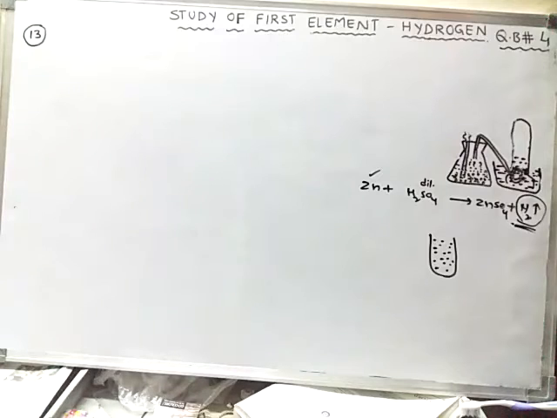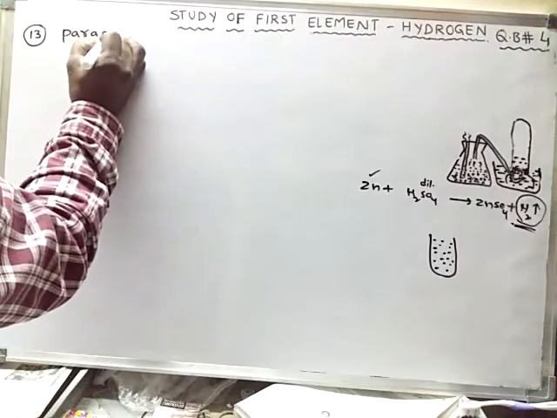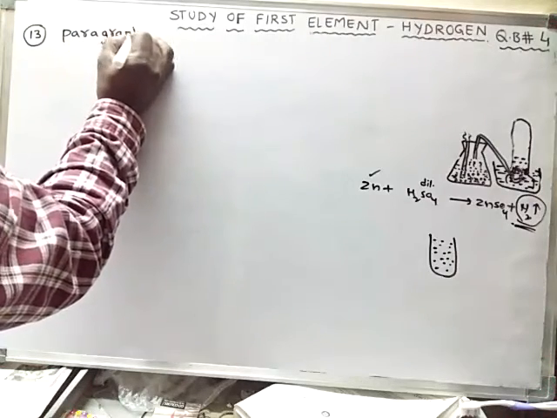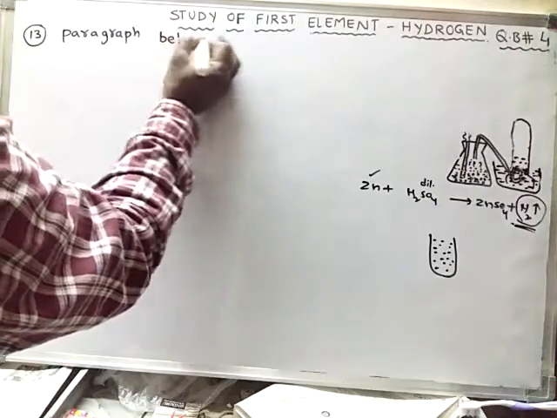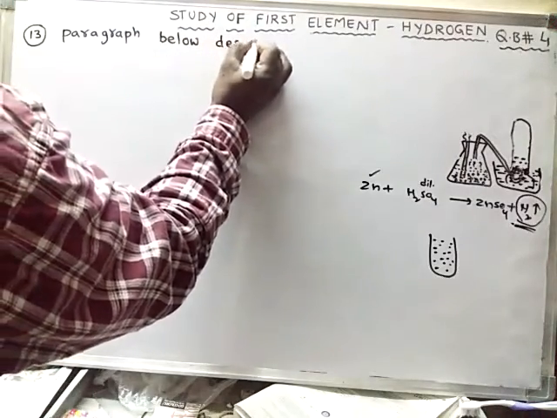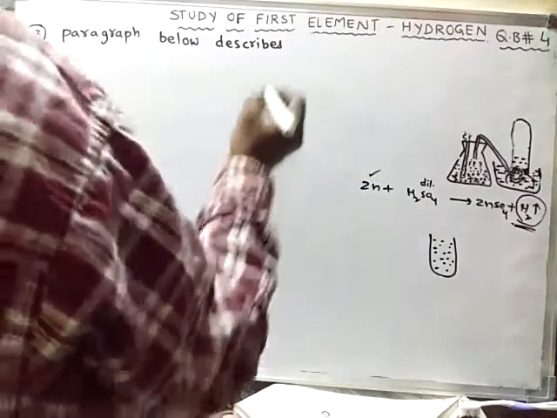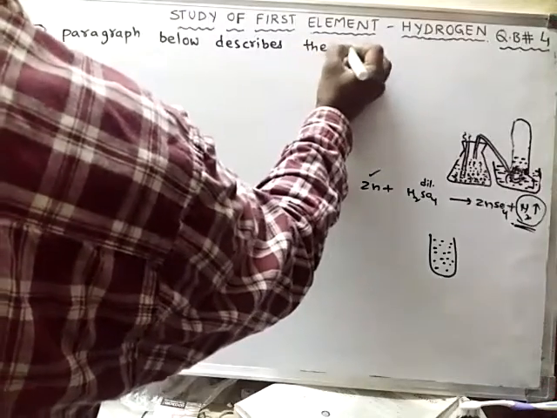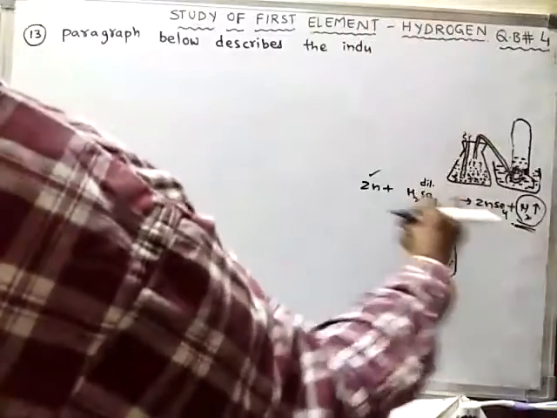There is a paragraph with blanks in it, and we have to fill those blanks. The question is: the paragraph below describes the industrial preparation. The industrial preparation. So what is this diagram? This is laboratory preparation. Okay.